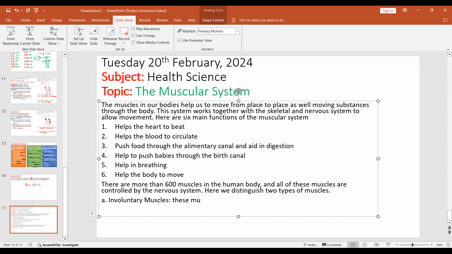These muscles are not under our conscious control. They move and function automatically.